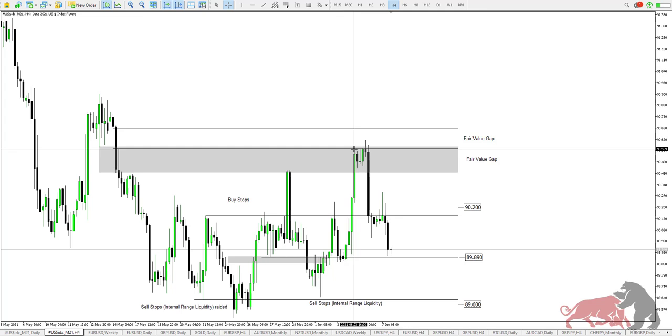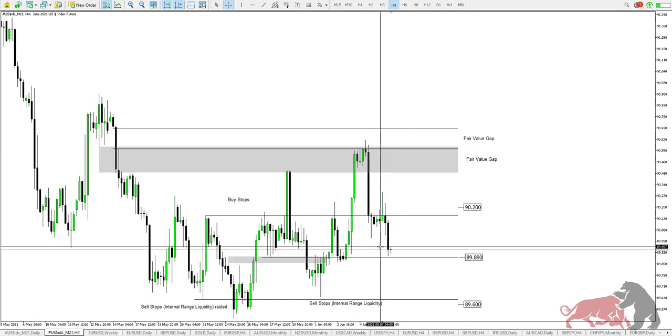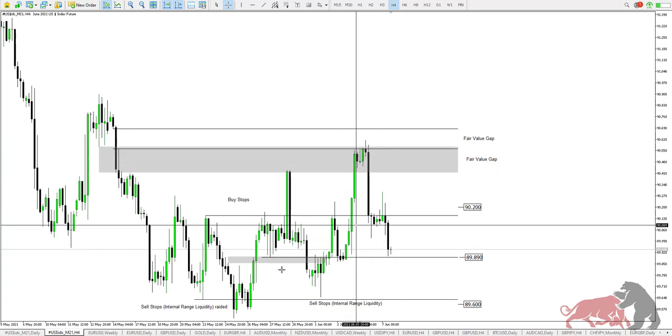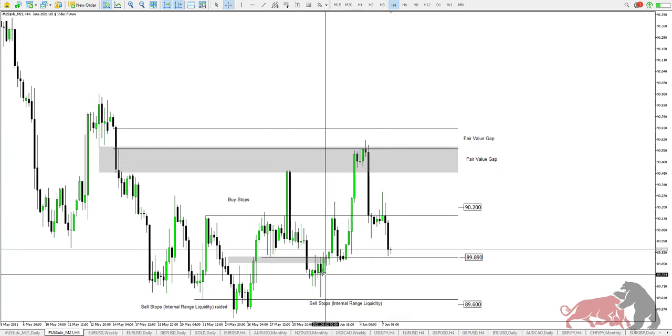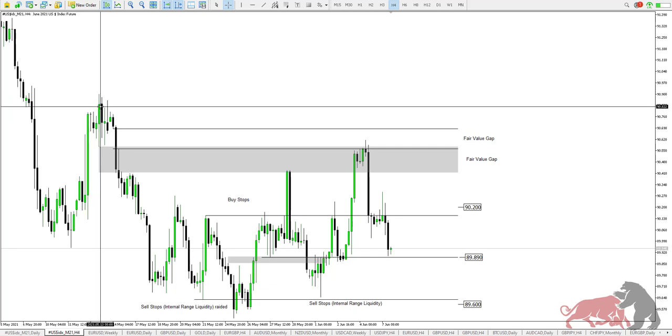And then after that we saw a huge retracement to the downside back to our 89.89 level. Now what does that tell us in terms of the market structure? We couldn't break above 90.80, right? That's our level of interest to the upside.